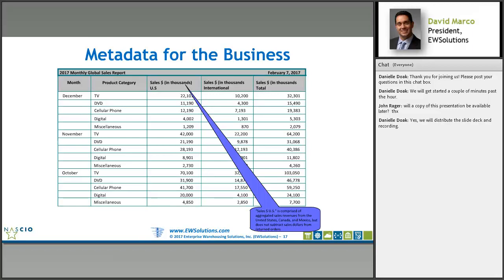And some of you are saying, well, wait a minute. Is that a real-world kind of example? Absolutely it is. Most manufacturing companies count Canada and Mexico as part of U.S. sales dollars. And I'll tell you why. These organizations have very slim margins, typically 1 or 2%.